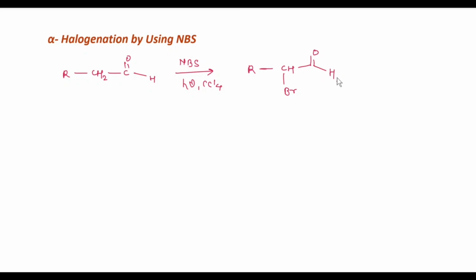If the moiety does not have an alpha proton, bromide replaces this hydrogen, that is, the aldehydic hydrogen, and we get this as a product.